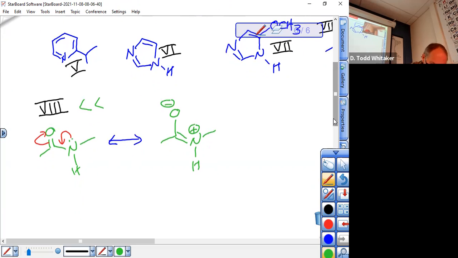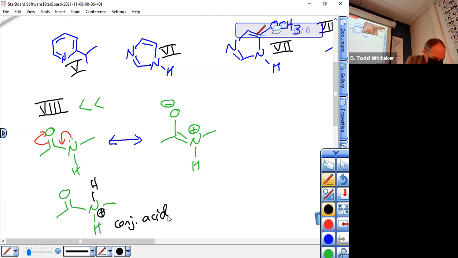If you put a proton on the nitrogen, here's the conjugate base, conjugate acid, sorry. The amide was the base. The conjugate acid cannot resonate with the carbonyl.